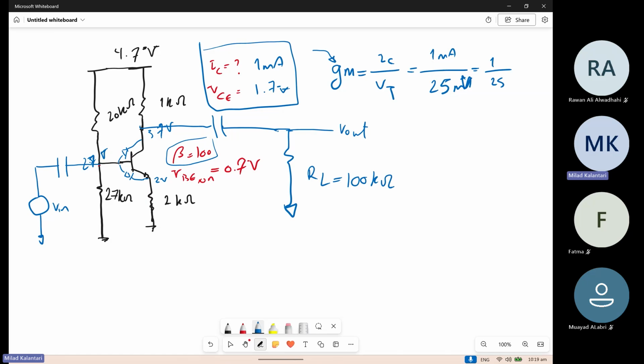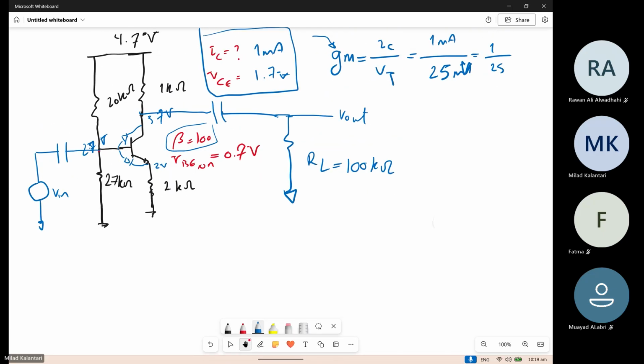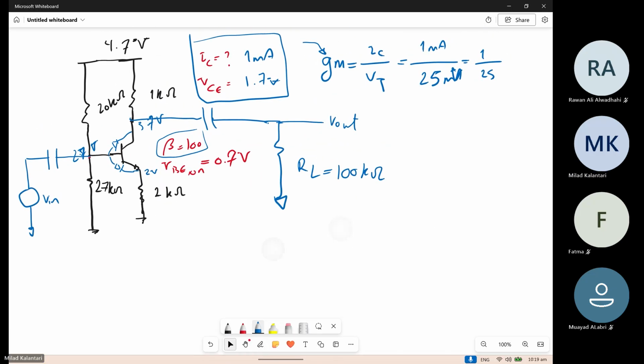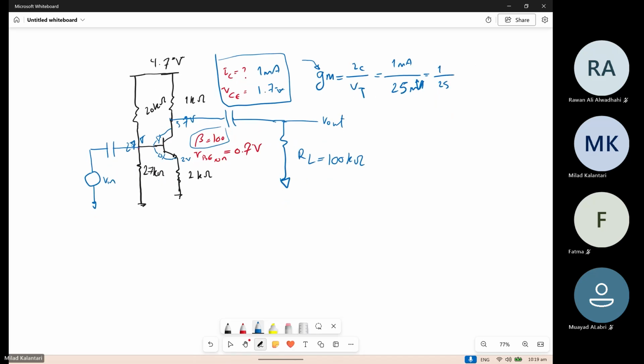So what is the voltage gain from V in to V out? How to find it? Let's try to find the voltage gain.